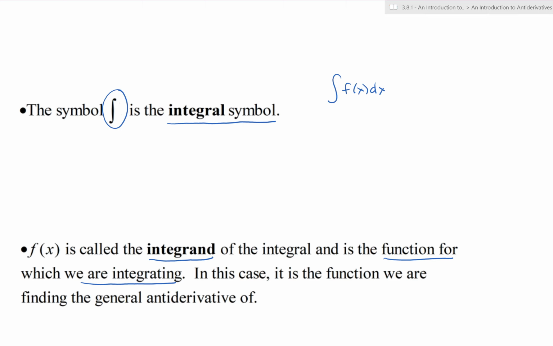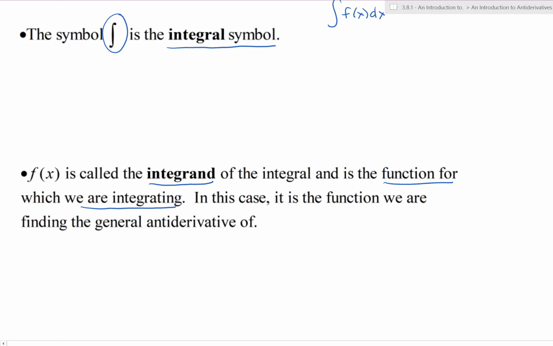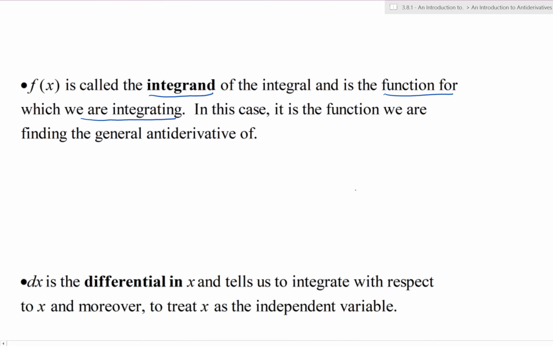So we say, we want to integrate a function f of x, and then that dx on the far right, integral f of x dx, is the same differential we've talked about before. It is the differential in x, and it tells us to integrate with respect to x. Moreover, that means you treat the variable x as the independent variable.